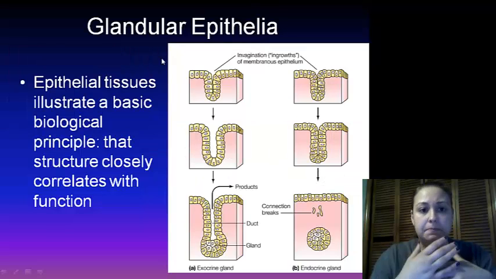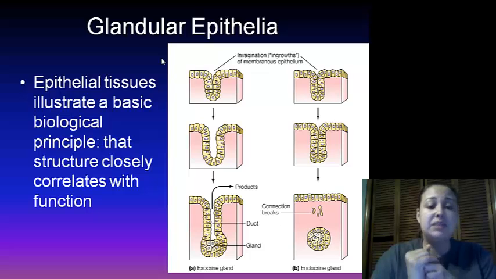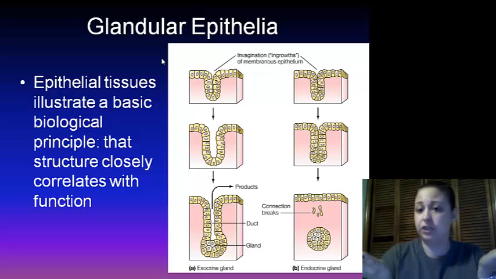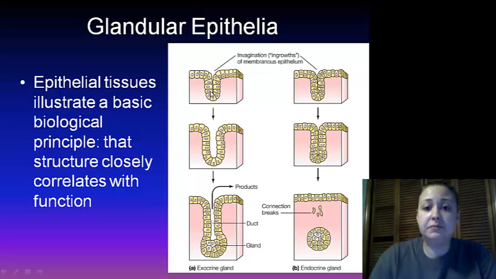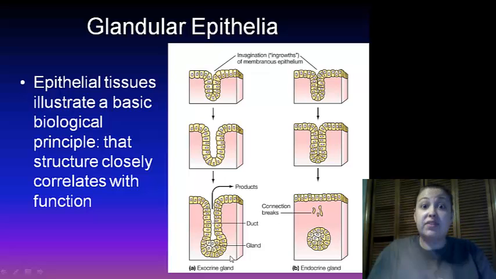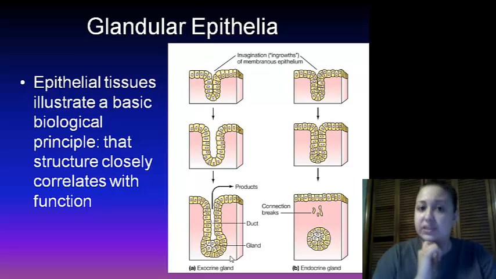Glandular epithelia. Well, we know that the basic principle of biology is that structure is closely related to function. So, if our epithelial cells start folding in and create a duct or a way to go outside of the body, this is going to be an exocrine gland, allowing a substance to leave the body, such as a sweat gland.